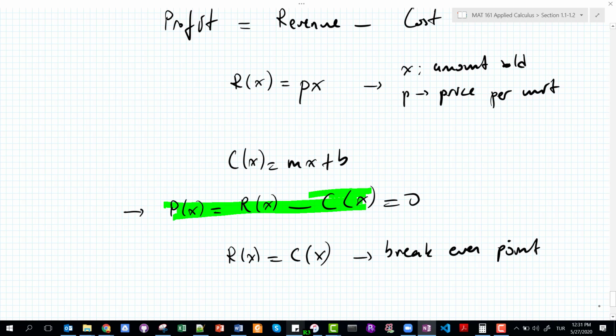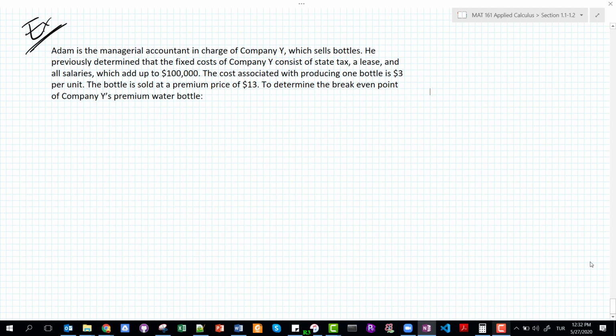Now, after getting this idea, I'm ready to solve an example. Let's say we have a company selling bottles, and we know that the fixed costs are $100,000, and the cost associated with producing one bottle is $3 per unit. So I can use this information.